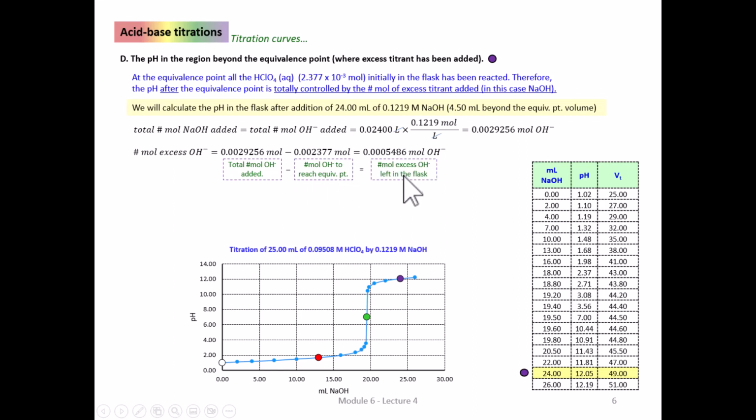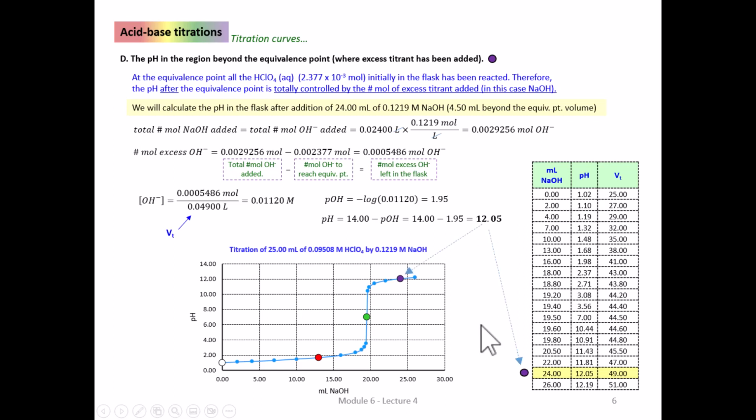And this would be the excess right here, 0.0005486 moles of hydroxide, the excess hydroxide left in the flask. The concentration of that excess hydroxide would be that many moles divided by the total volume at this point. And then we can find the pH, technically the pOH, and then the pH, 12.05.